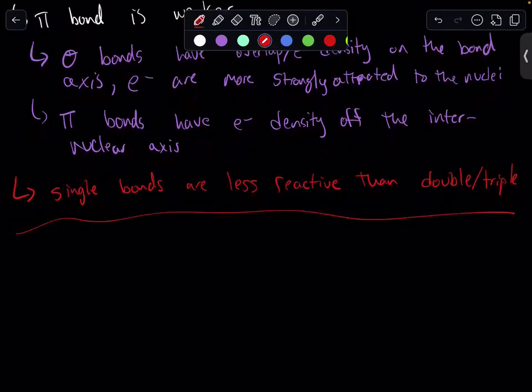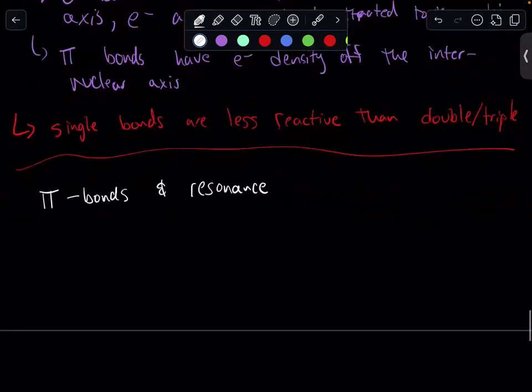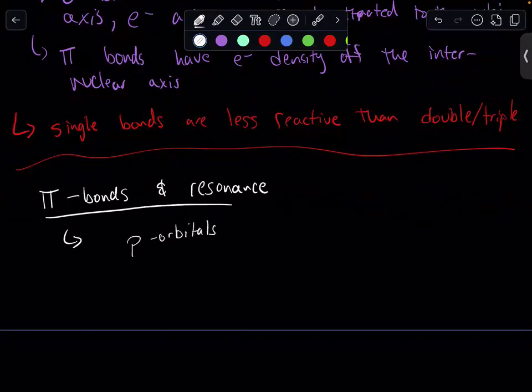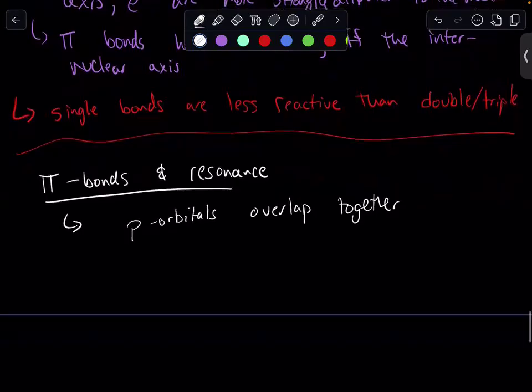The last thing we're going to go over is resonance, because we have to talk about pi bonds and resonance. And this is going to be very quick and very likely not going to be on a DP exam. But with pi bonds and resonance, what we really just see is that the p orbitals overlap together, which is a really odd way of saying it, but we can think about benzene.